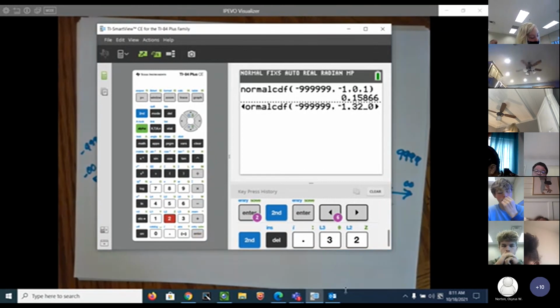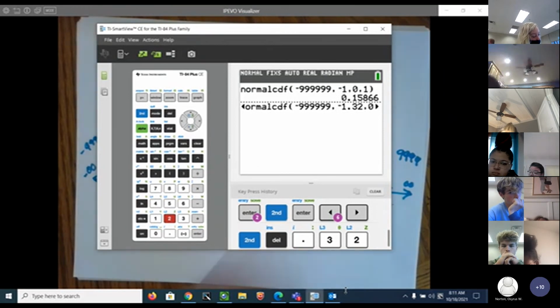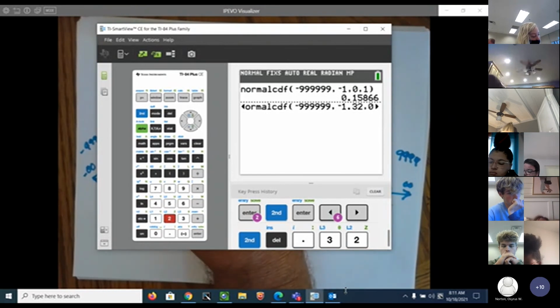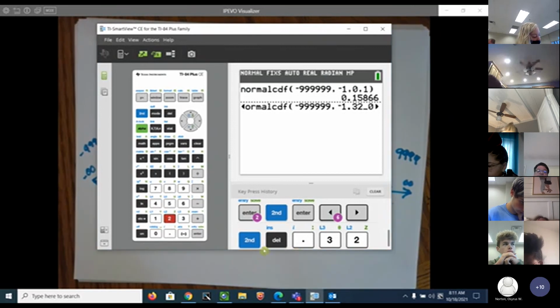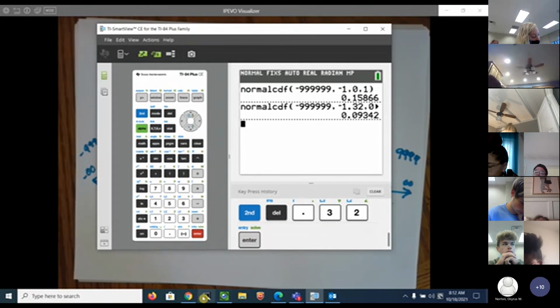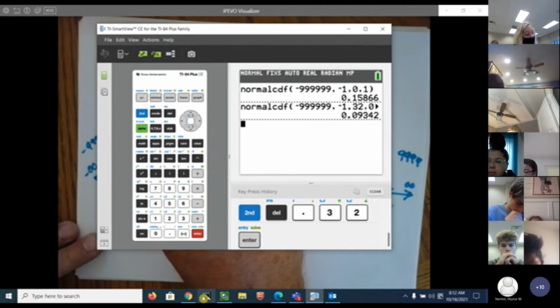So by the empirical rule, I come up with the left-hand side being 0.1050. Let's see what they get. Close. 0.0934.